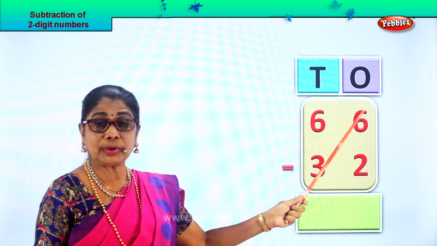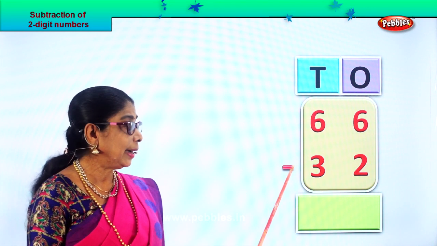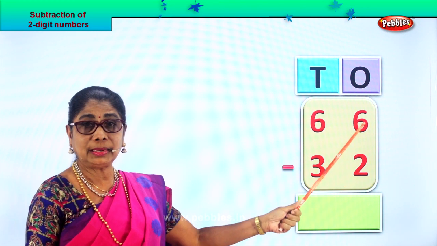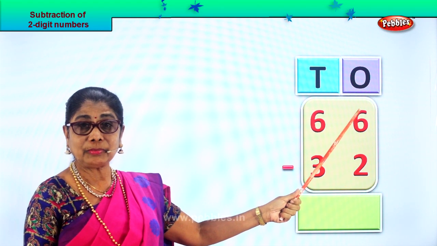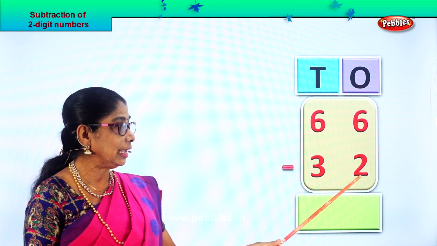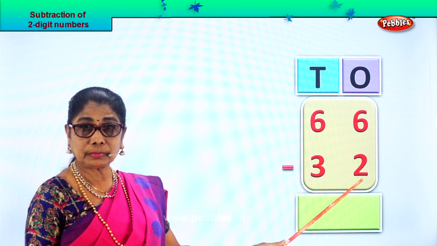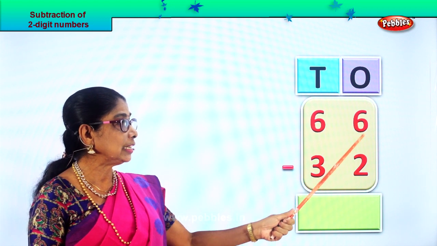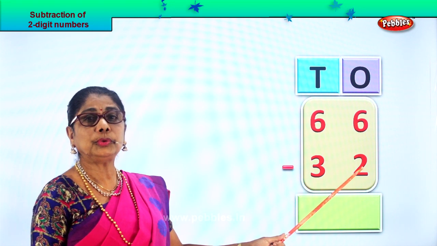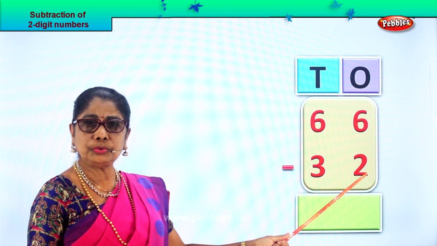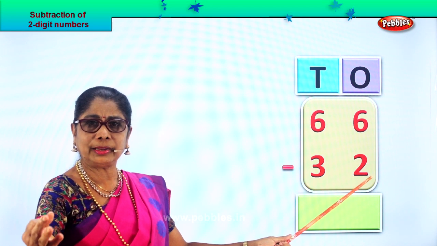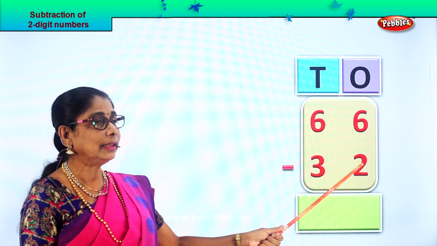In the ones place, you have 6 ones minus 2 ones. So from 6, take away 2. You count from 2 to 6: 2, 3, 4, 5, 6. How much is that? You get 4.